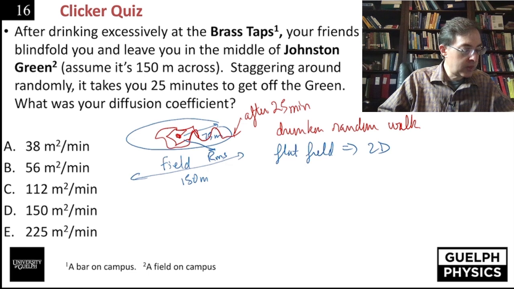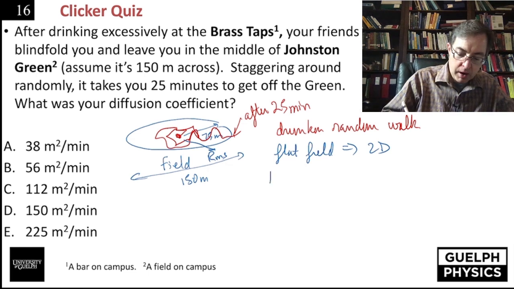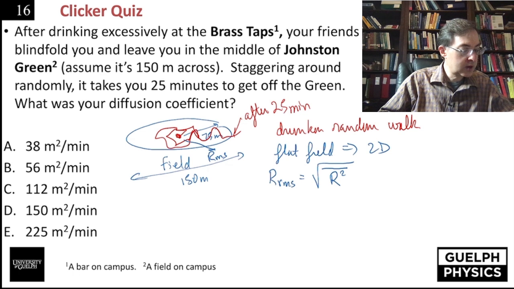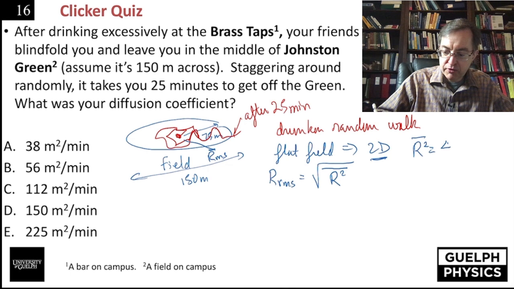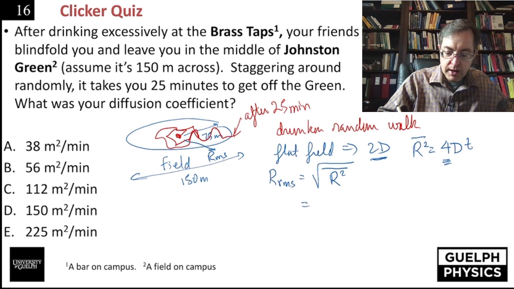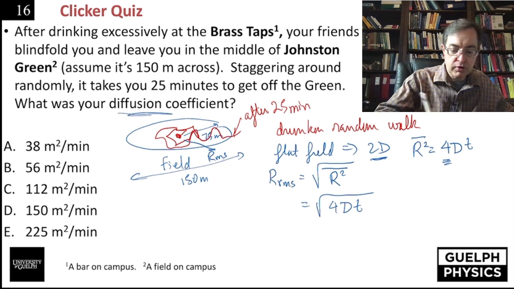And I remember that R RMS is the square root of the mean squared displacement, okay? And in 2D, the mean squared displacement is given by 4Dt. And remember, the 4 is the 2D formula. So I put in root 4Dt in here, and I want to calculate the diffusion coefficient.